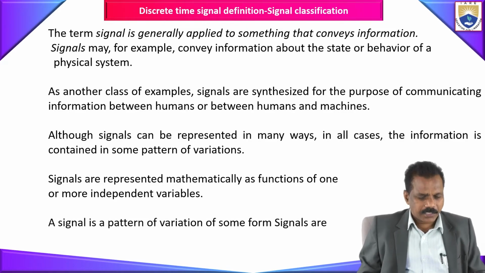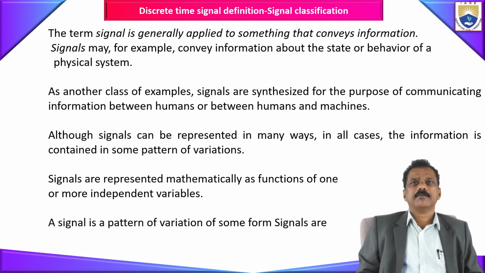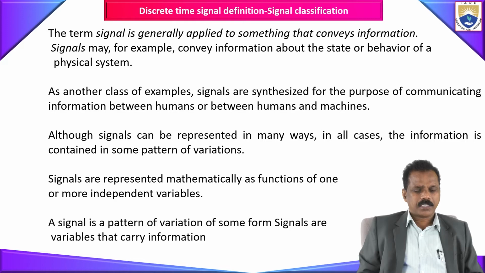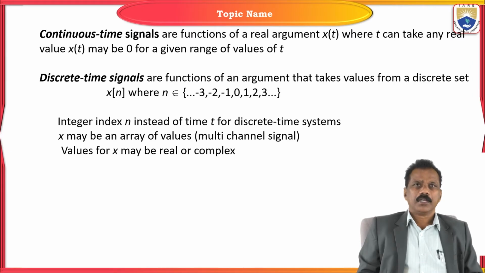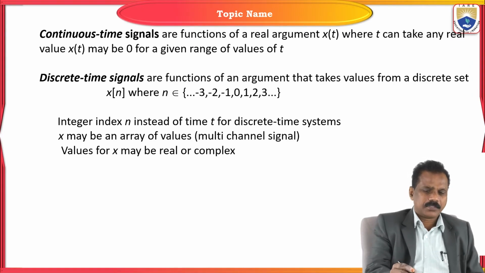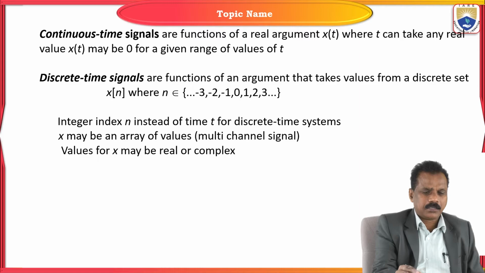Okay, so a signal is a pattern of variation, some form of variables that carry the information. Here we start with the CTS, continuous time signal.